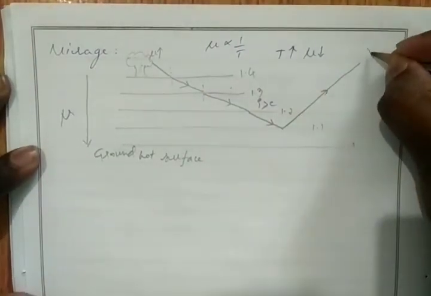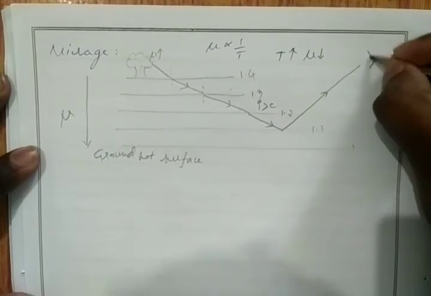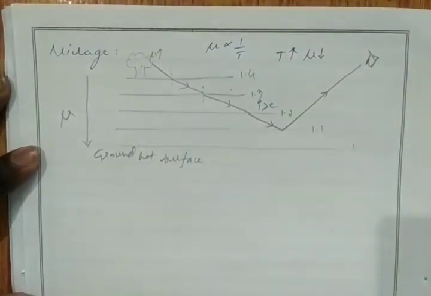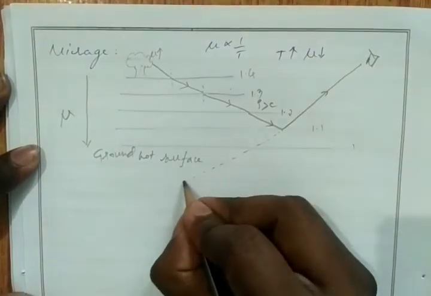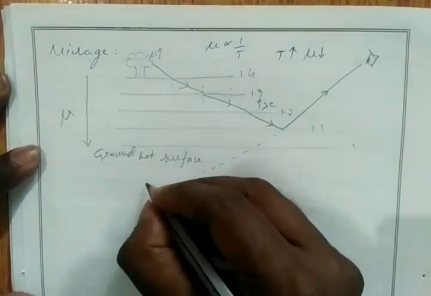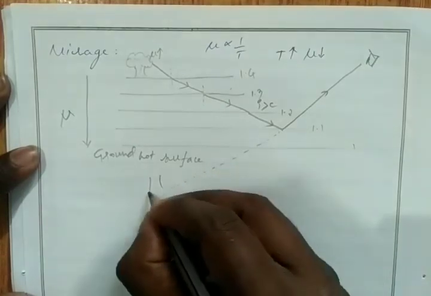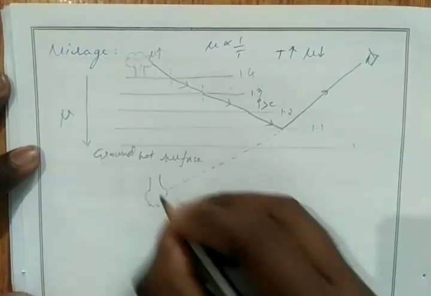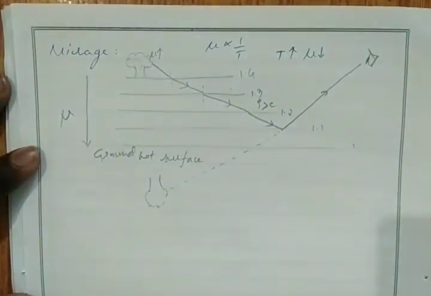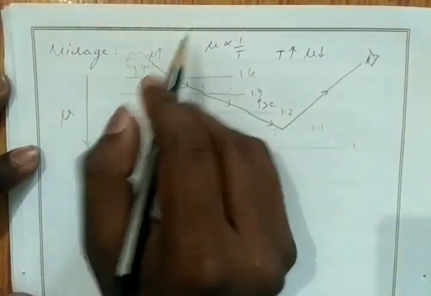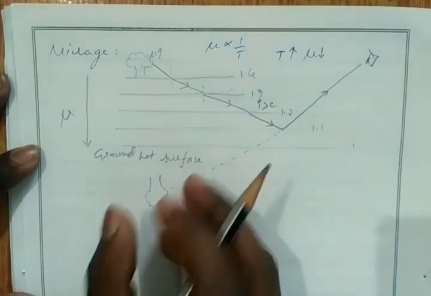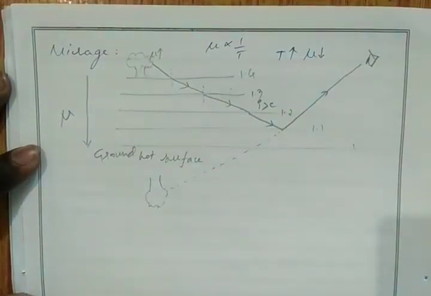So if a person sees from here, he is able to see the tree exactly here, inverted. Okay, so if a person looks in a straight line, the tree appears here. If he looks at the road, it is reflected and inverted.